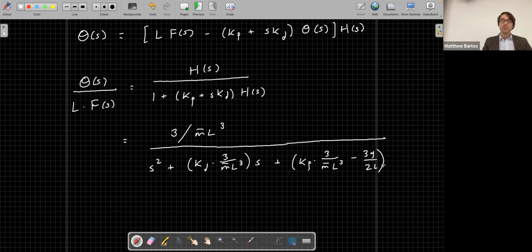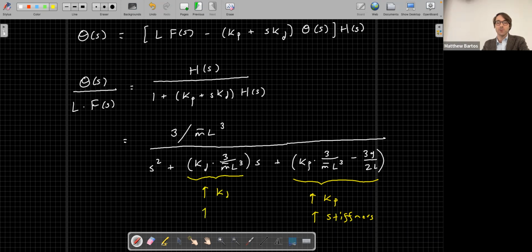Okay. So here we have the equation for our structural system, our mass spring damper system, where the proportional component corresponds to the stiffness, or the springiness, of the system as we increase Kp. And as we increase the derivative gain, that corresponds to increasing the damping of the system.